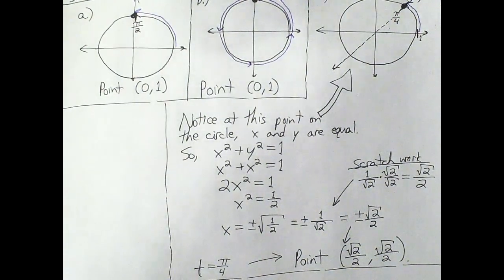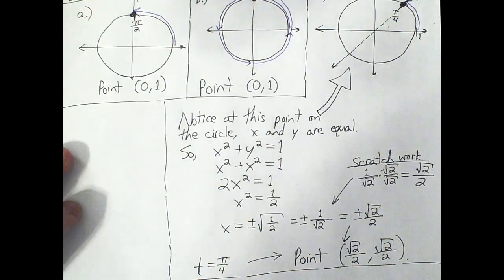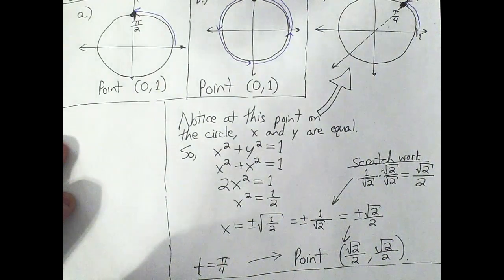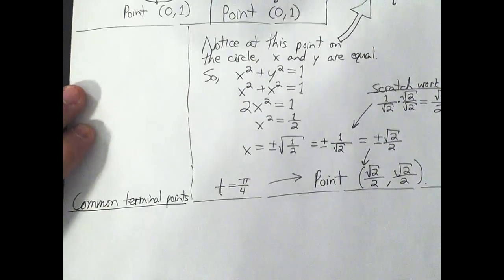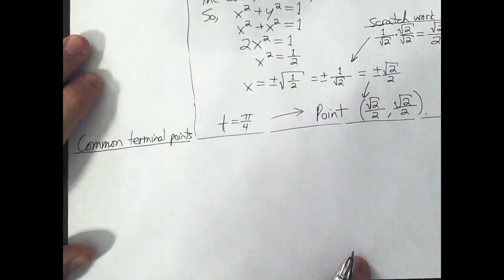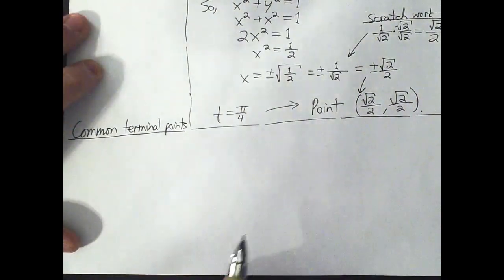So what we just did were a few different t values, and we get different terminal points. And I'd like to show you a little list here of common terminal points. Okay? Some of them are going to be ones that we've already done. So I'm going to list some values of t and what the terminal point is that you get with that.